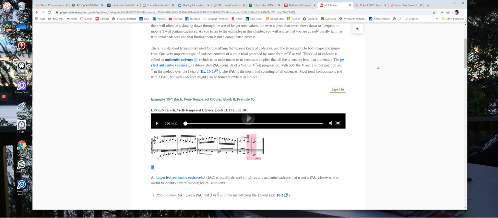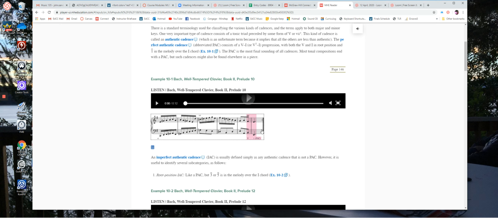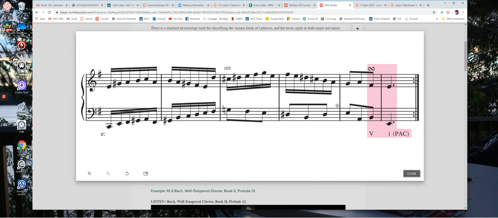The most perfect of all authentic cadences is the perfect authentic cadence. The perfect authentic cadence has a root position 5 chord. Here we are in the key of E minor. This is a root position 5 chord going to a root position 1 chord. And notice that do is in the soprano.